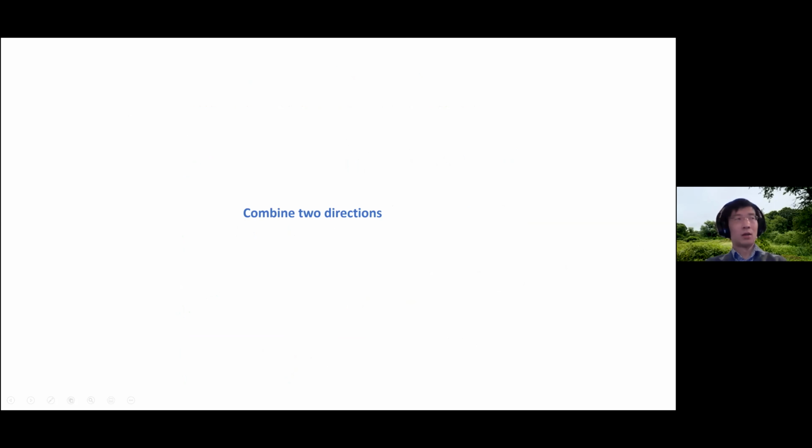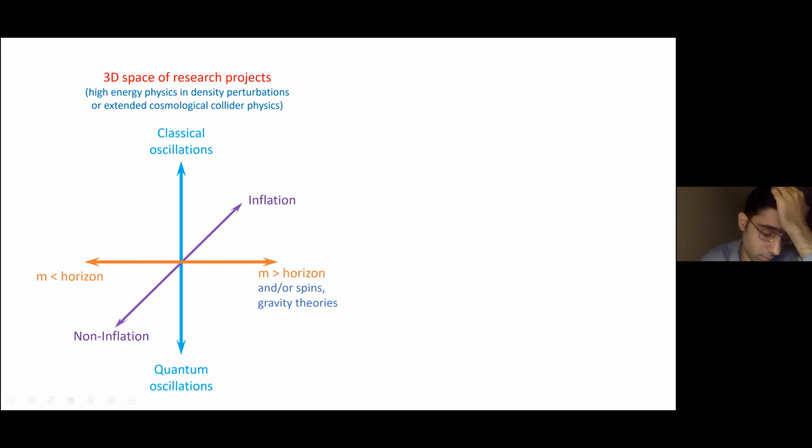So by combining these two approaches, we can see they are both studying mass, but they have different motivations and concentrate on different questions. It's not difficult to see that we're exploring some multi-dimensional parameter space, which as a whole we may call high energy physics in density perturbations, or some kind of extended cosmological physics.